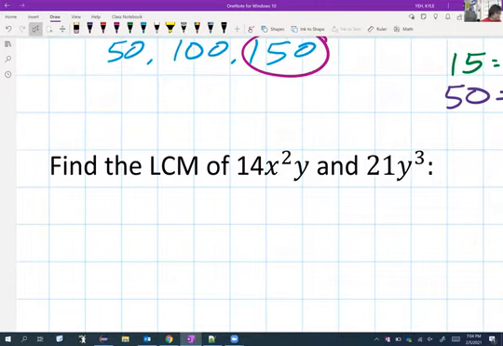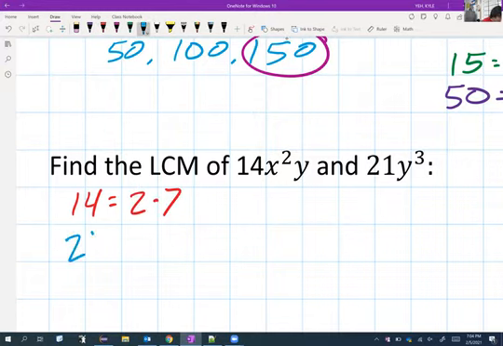I want the LCM. Let's do what we did with those numbers. 14 is equal to 2 times 7. And 21, I'm just looking at the numbers right now, is 3 times 7. So what is my LCM then of the numbers?